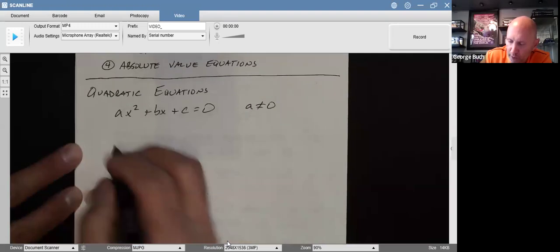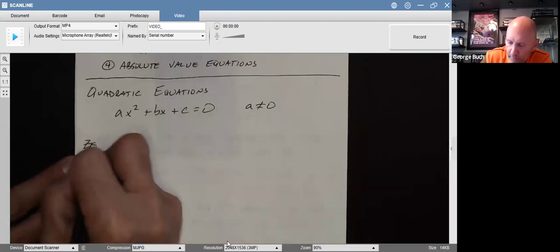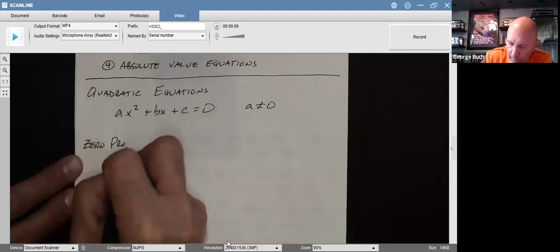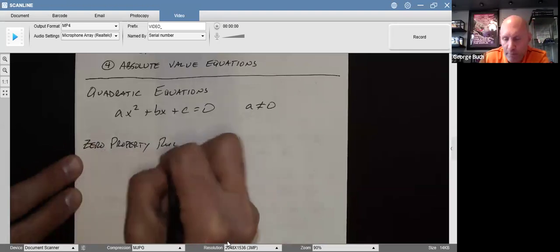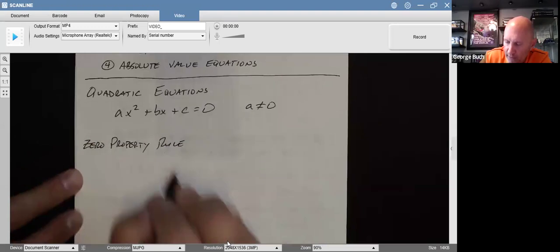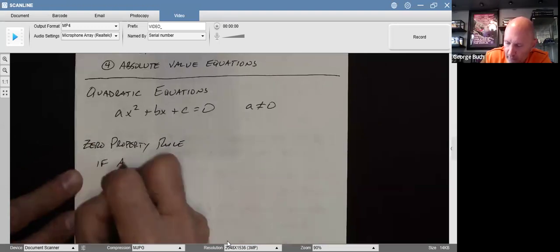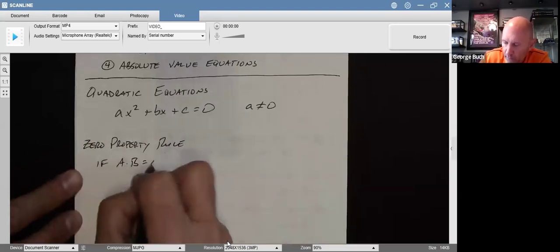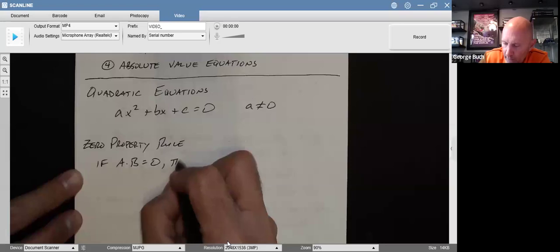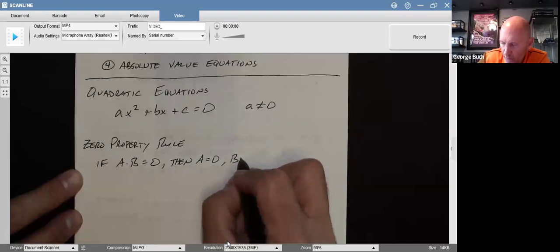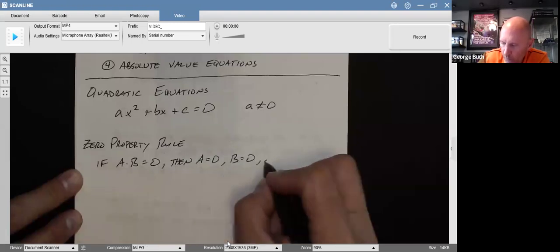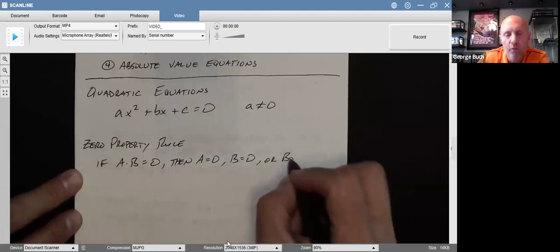First, we have the zero property rule. The zero property rule says that if a times b is equal to 0, then a equals 0, b equals 0, or both equal 0.